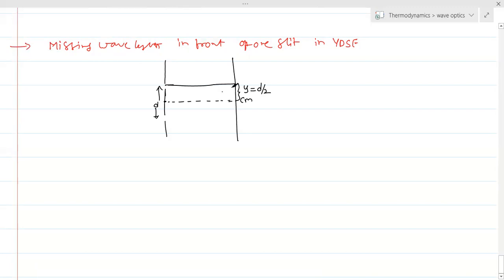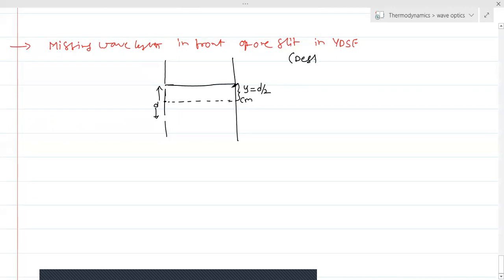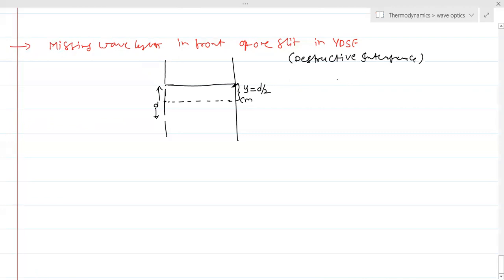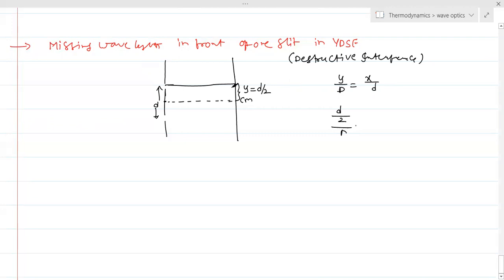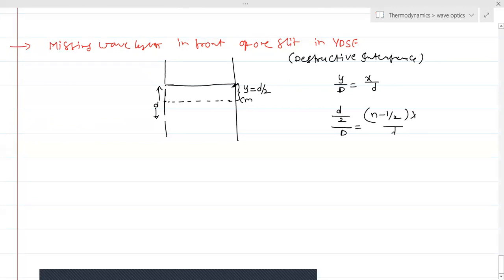Missing wavelengths means bright fringes are absent. So simply we will understand that this is the condition for destructive interference. Meaning there are no bright fringes, which means dark fringes are present. Again for this we will use the same logic: y by D is equivalent to x by D. Y is clear from the diagram, d by 2 by capital D. Since we are getting dark fringes, I am taking the path difference condition as (2n minus 1) lambda by 2.